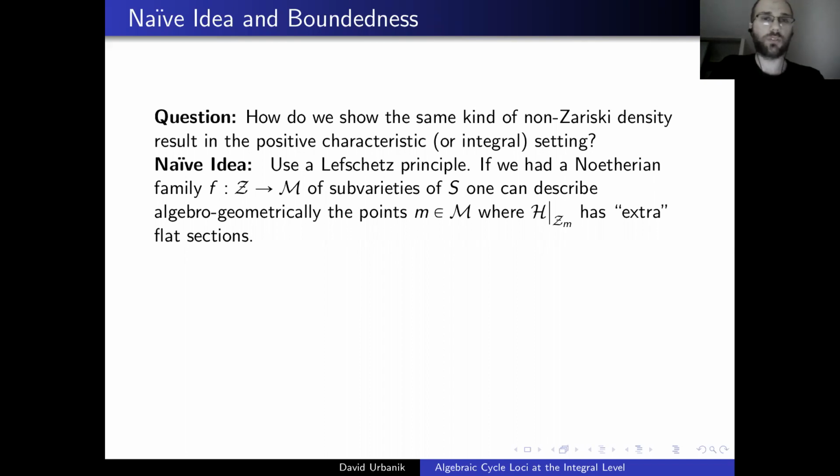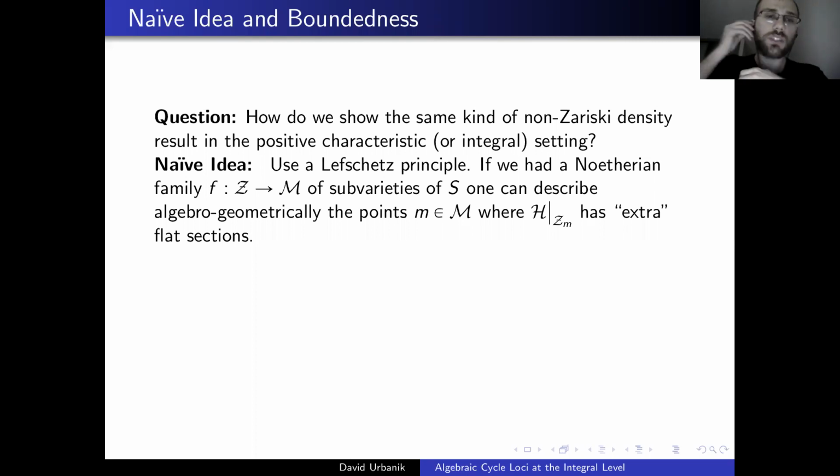A Lefschetz principle is where you write down some algebro-geometric conditions that make sense on some integral level, and then you want to prove something about these structures. So you base change to the generic fiber, to characteristic 0. You prove it there, and then general algebro-geometric machinery gets you that it holds away from finitely many primes.